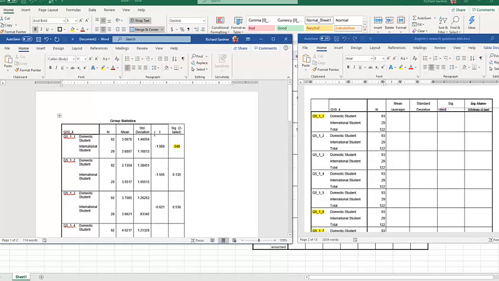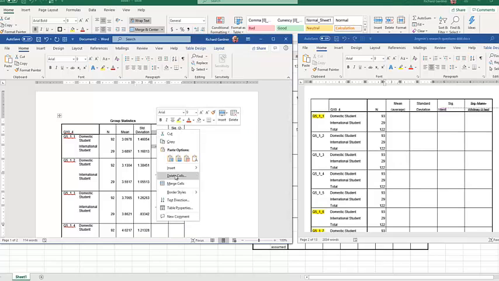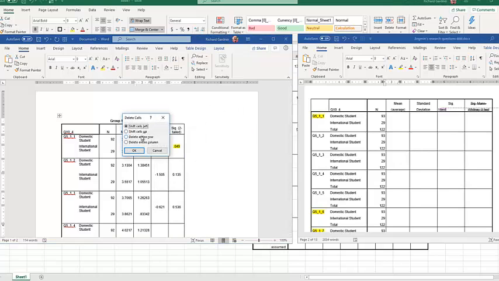Let's try them one at a time. So standard deviations and the means. And she doesn't want the t-test? Okay, we're not going to worry about that. So we're going to delete the t-test. So delete the column.